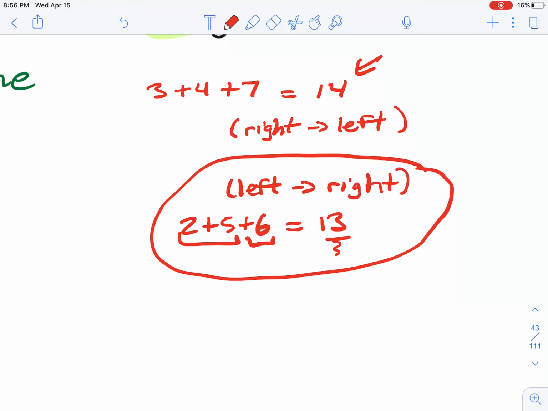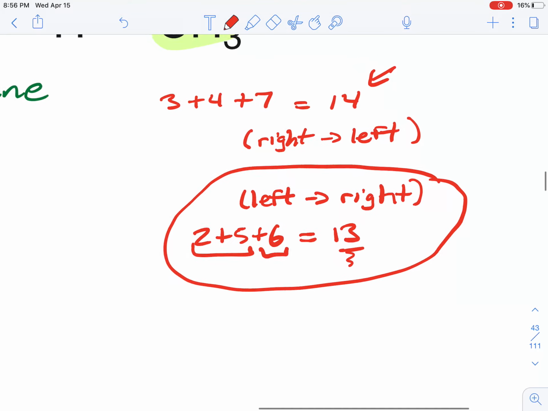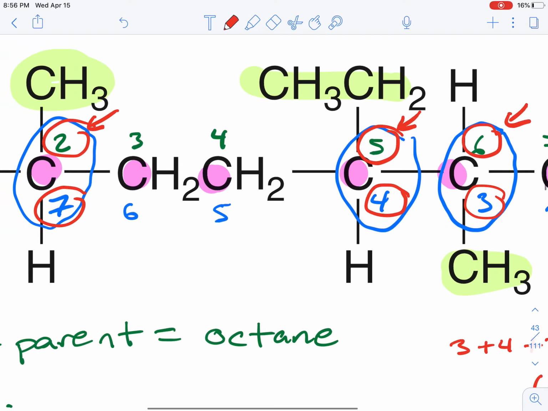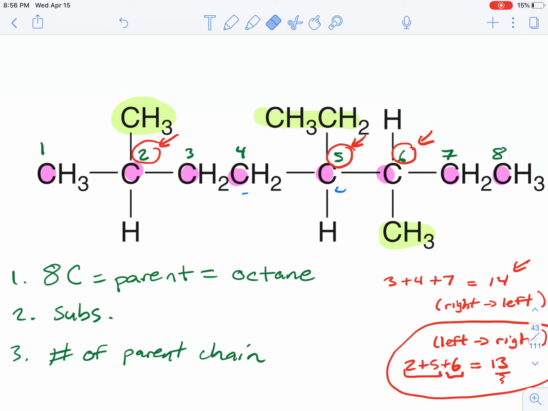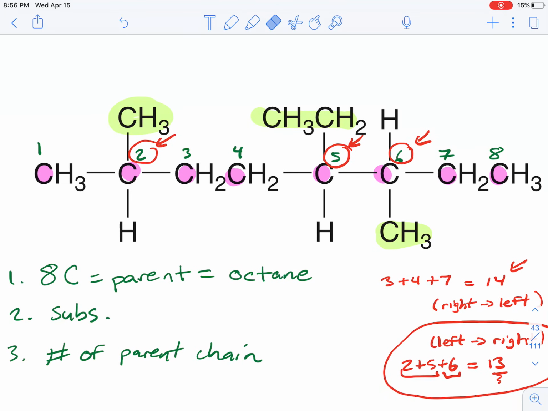And so since 13 is the least, that tells me that I'm going to number my parent chain from left to right. Okay? So hopefully that makes sense.